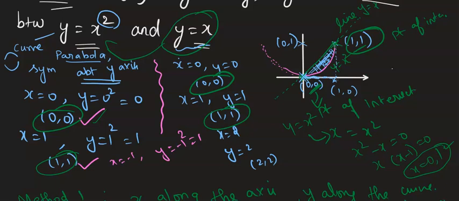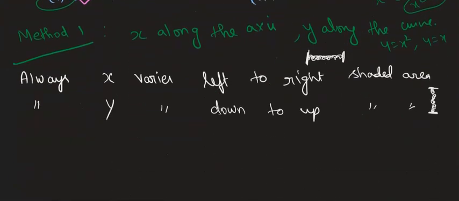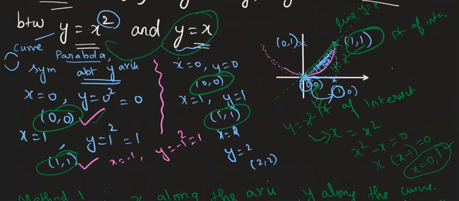So the length of the shaded area is 0 to 1. x varies from 0 to 1. So I will write x along the axis means x varies from left side 0 to right side 1. So we are measuring the corresponding distance of the shaded region in the x-axis.